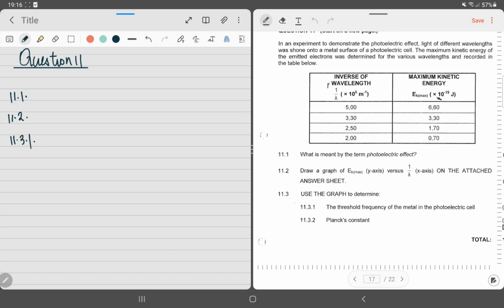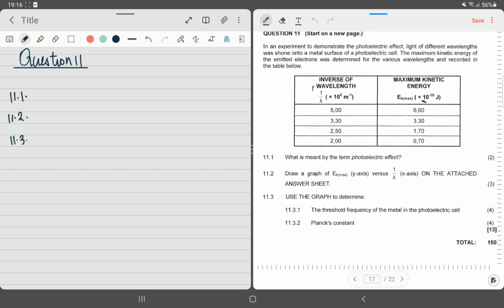Use the graph to determine the threshold frequency of the metal in the photoelectric cell, and then 11.3.2, Planck's constant. So we need to understand what's really happening here so that we can apply that onto the graph. Our graph looks like that, where on the y-axis we have EK max, and on the x-axis we have the inverse of the wavelength.